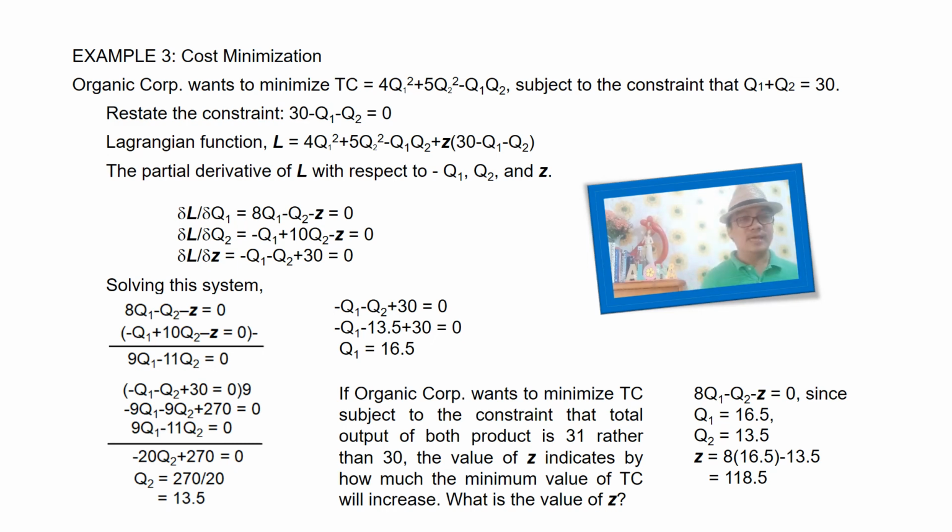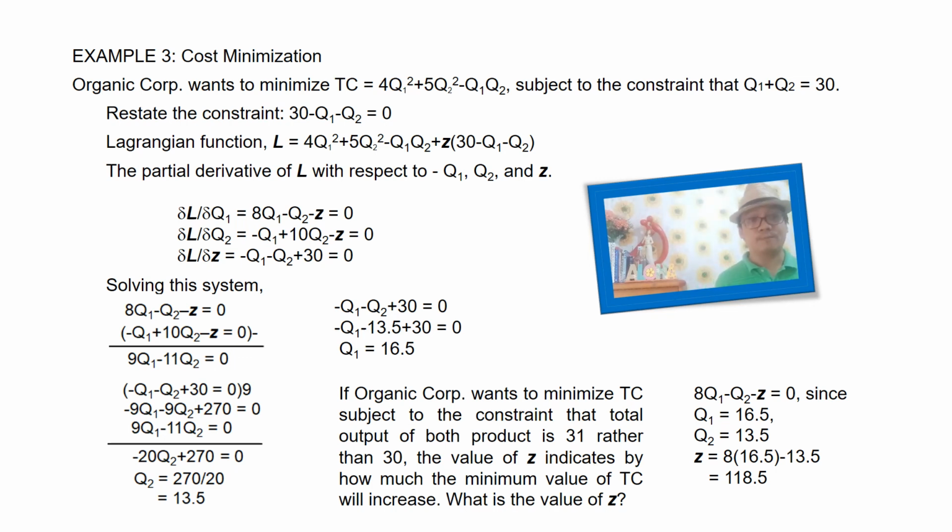Now, the partial derivative of the Lagrangian function with respect to Q1 is equal to 8Q1 minus Q2 minus Z equals 0. The partial derivative with respect to Q2 is equal to negative Q1 plus 10Q2 minus Z equals 0.